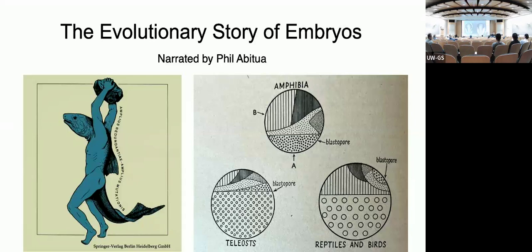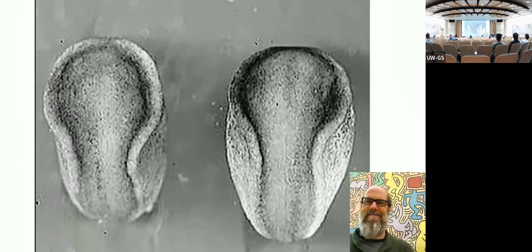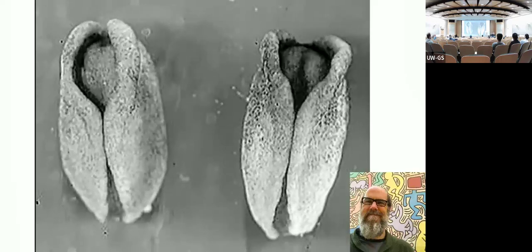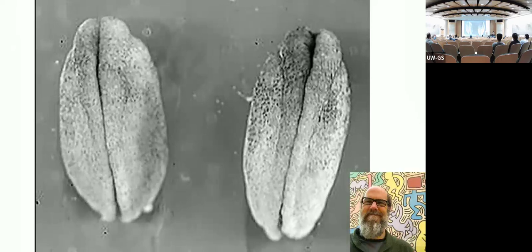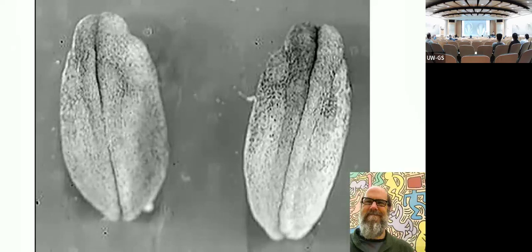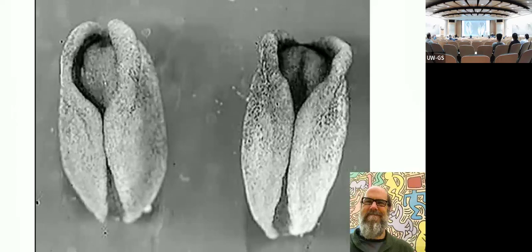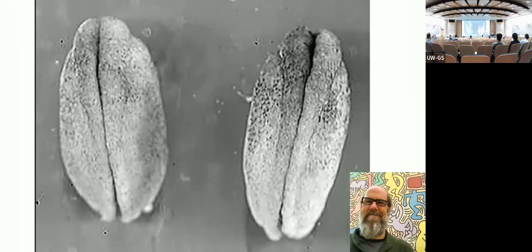So my first foray into developmental biology was at UT Austin with John Wallingford. During the first day of class, John showed these beautiful time-lapse movies to all of us. What you're seeing here is the process of neural tube closure in a salamander.